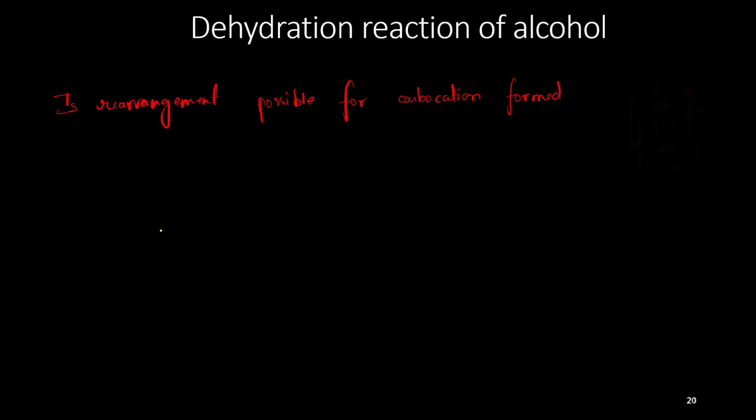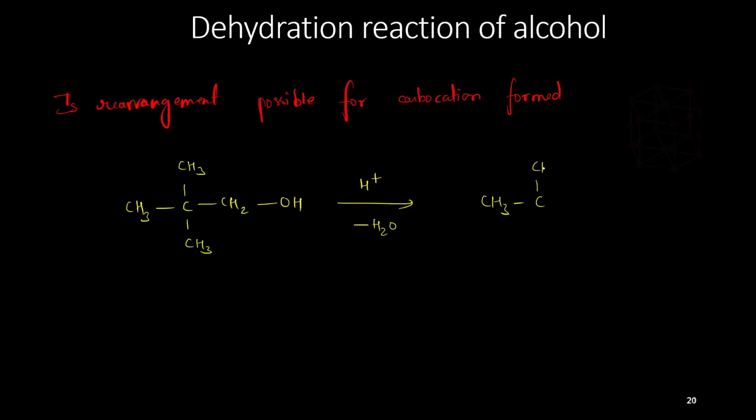Suppose take an example. There is a CH3, CH2, CH3, CH3, OH. By the protonation and removal of the water molecule, it will turn out to be CH3, CH3.